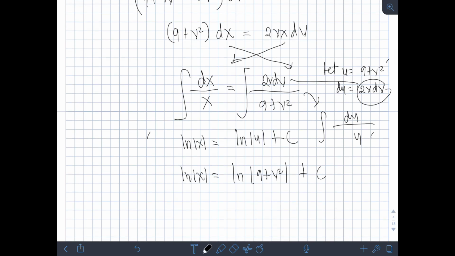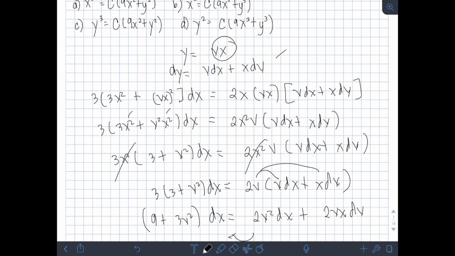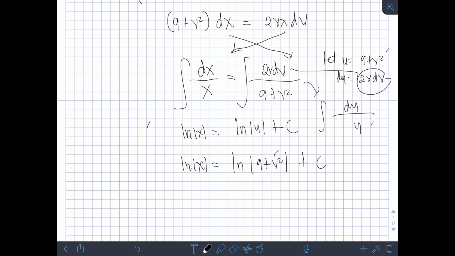And then, balik natin tong v as, divide both sides by x. v is equal to y over x. So, magiging ln x equals ln of 9 plus y over x squared plus c.